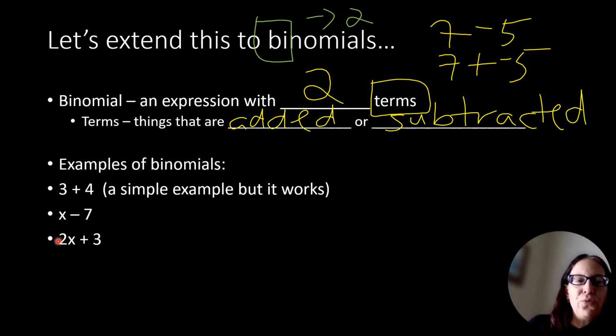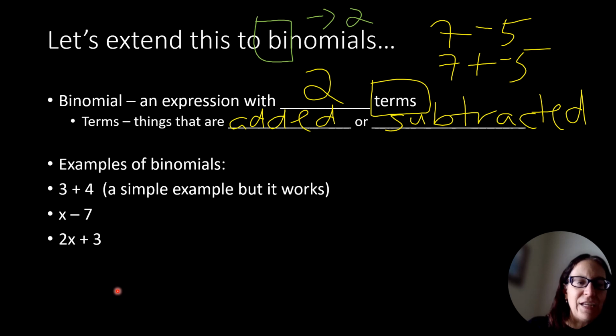You've got 2 times x. 2 and x are factors of 2x. And 2x is a term along with the number 3. And so you have two terms, and this term on the left can be factored. Again, fluency with the vocabulary is going to go a long way toward understanding the lesson.